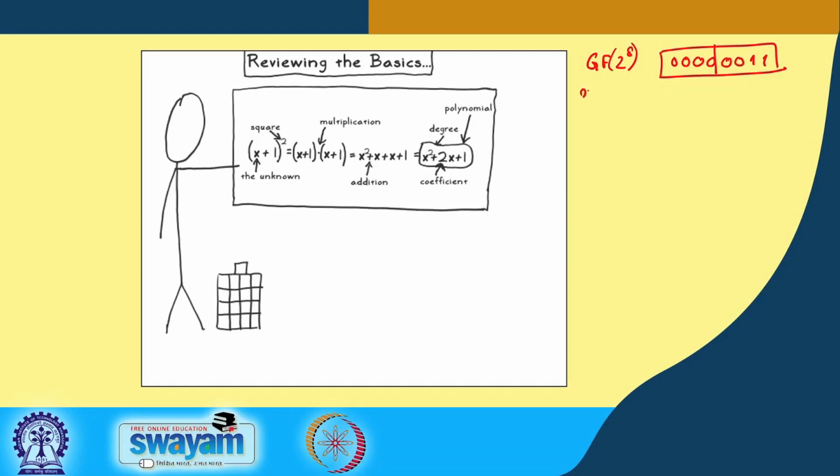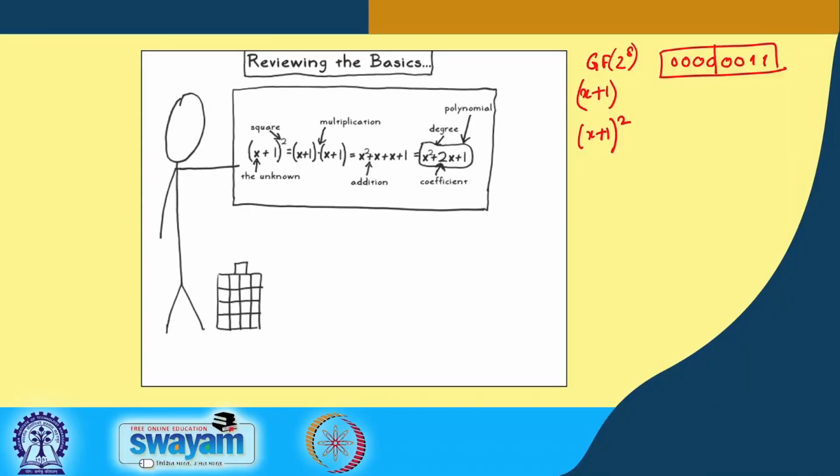It is 1 plus x, or x plus 1. Suppose I want to compute (x plus 1) squared. That would be x plus 1 multiplied with x plus 1. This essentially stands for x squared plus 2x plus 1, but as I said, 2x is 0, so this is nothing but x squared plus 1. This is funny mathematics: (x plus 1) squared turns out to be x squared plus 1.